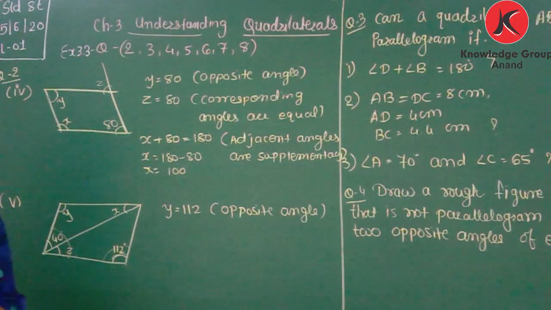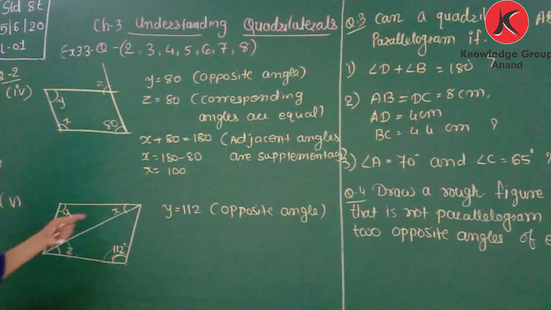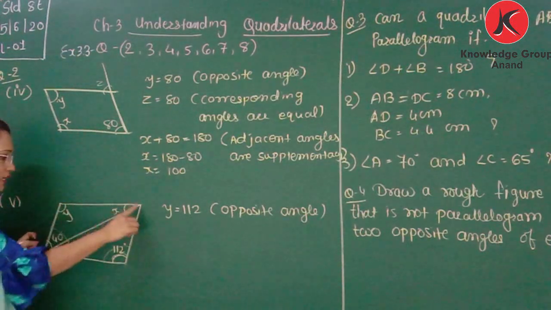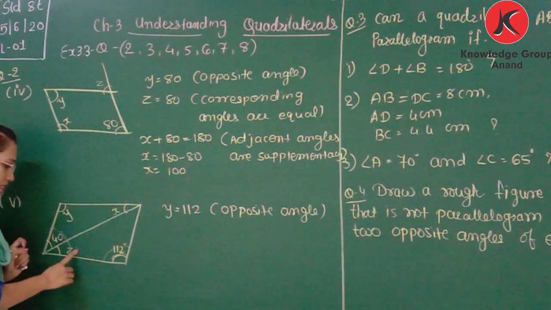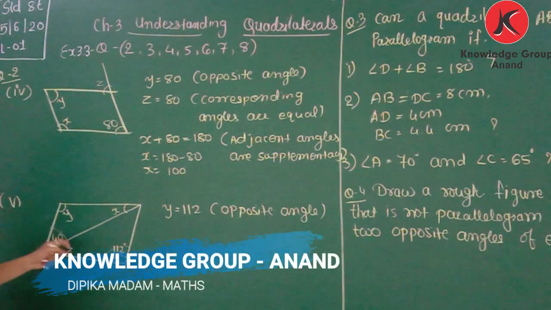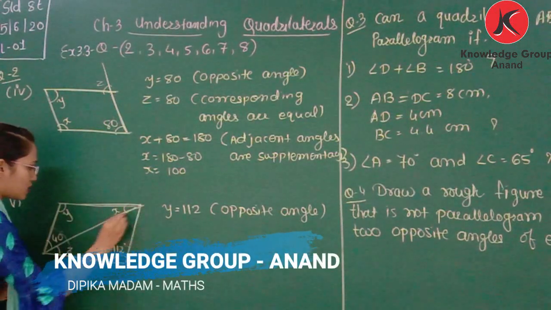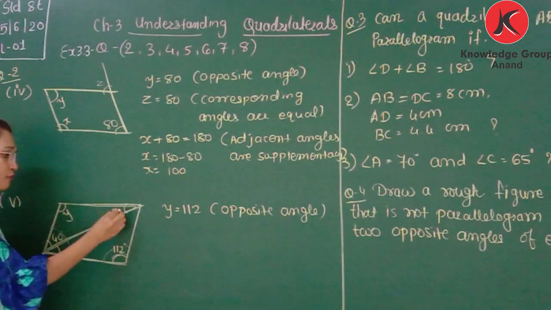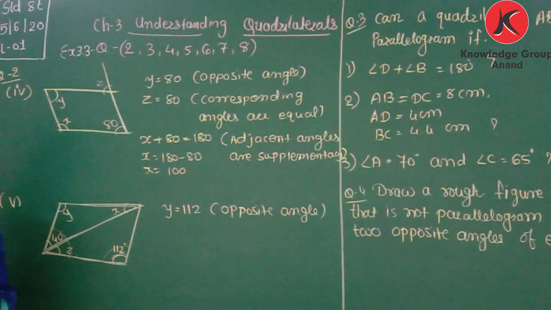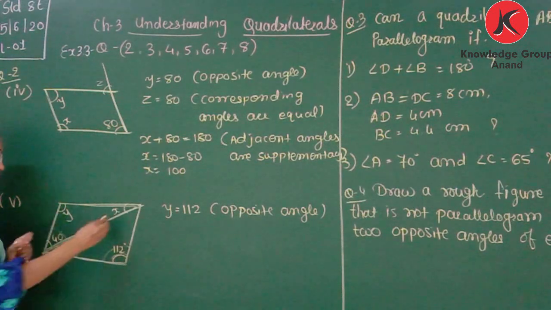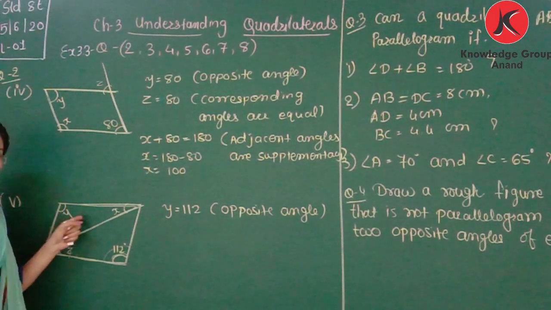Why? Because adjacent angles are supplementary. કાં તો તમે પહેલા x ફાઇન્ડ કરો ટ્રાયેંગલ કન્સિડર કરીને. x and z will be alternate angles. અહીંયા z ફોર્મ થાય છે. That's why if you find x, same measure of z. બંને રીતે થાય.